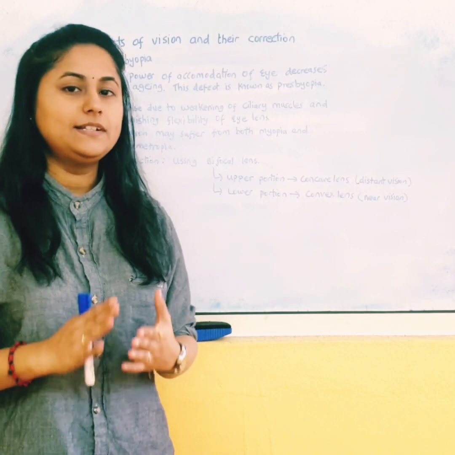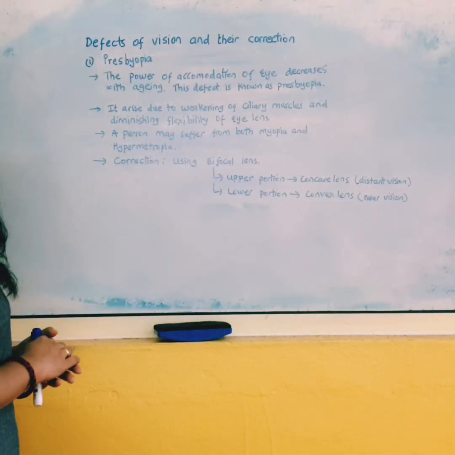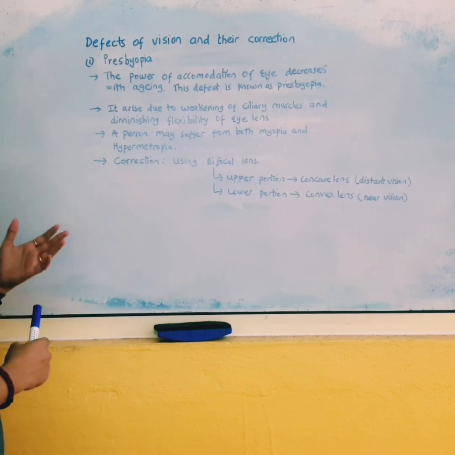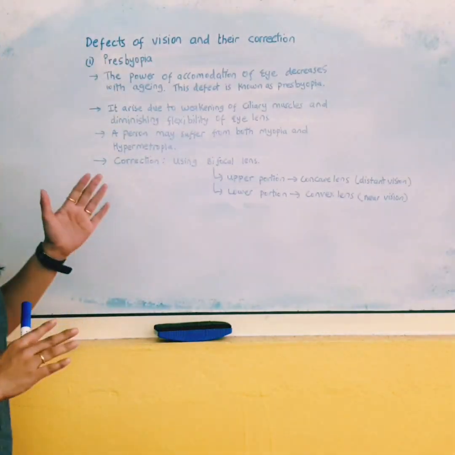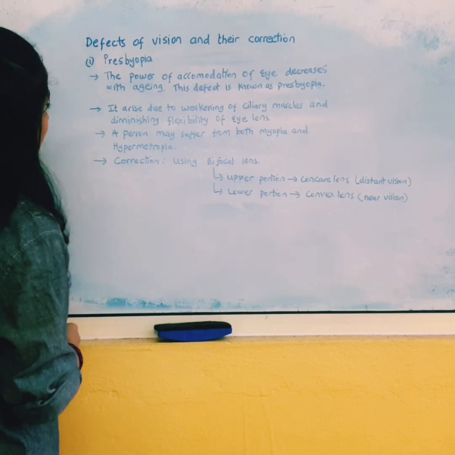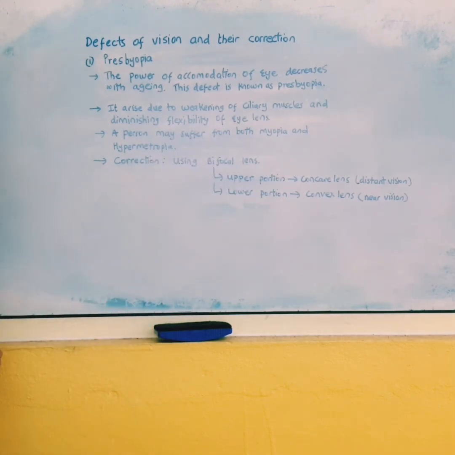Here is the third type of defect, which is known as presbyopia. The power of accommodation of the eye decreases, usually with aging, and this defect is known as presbyopia. It arises due to weakening of the ciliary muscle and diminishing flexibility of the eye lens.